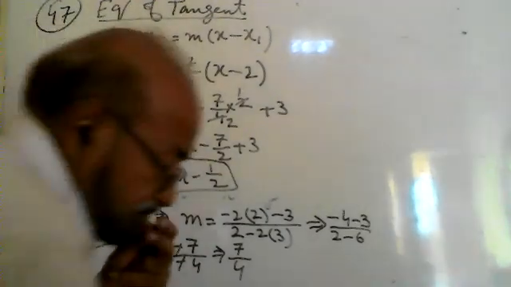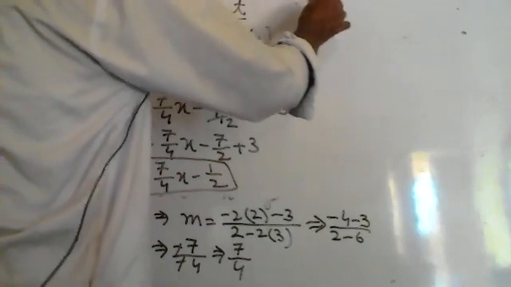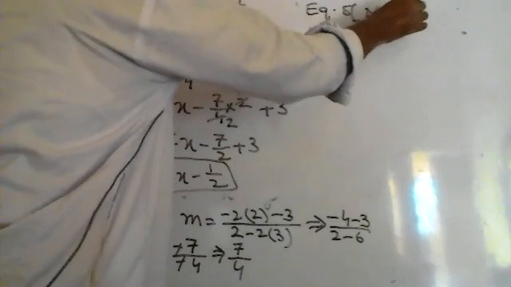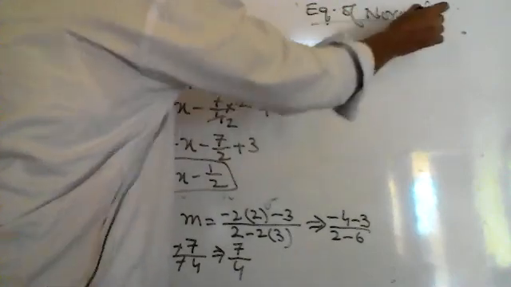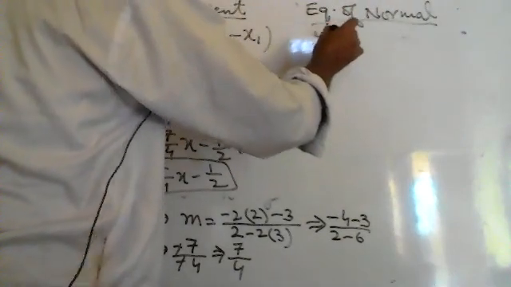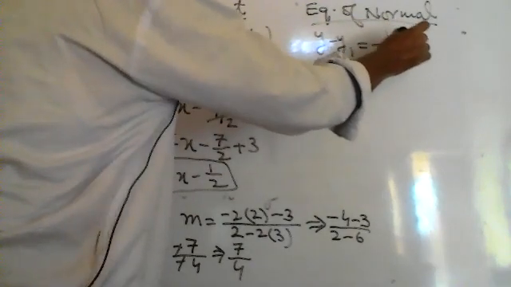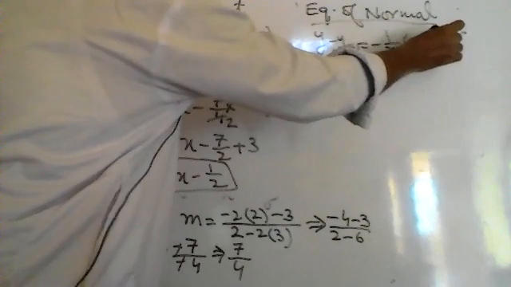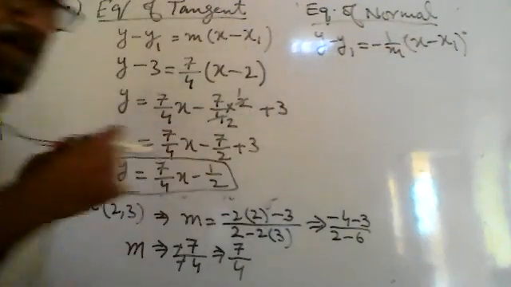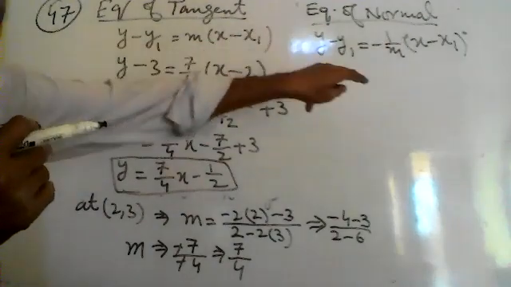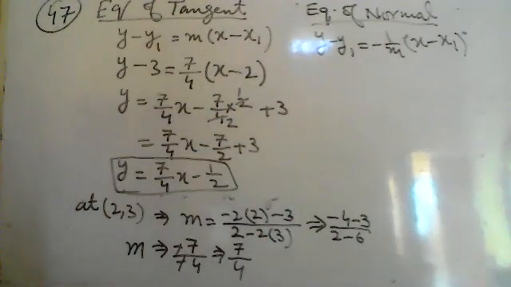Equation of normal: y minus y1 is equal to minus 1 upon m into x minus x1.